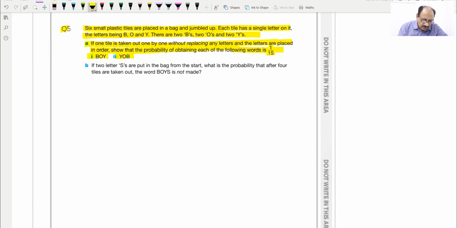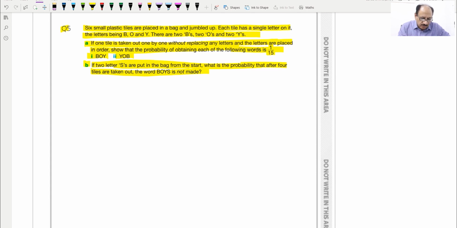And for B part, if 2 letters S are put in the bag from the start, what's the probability that after 4 tiles are taken out, the word BOYS is not made?